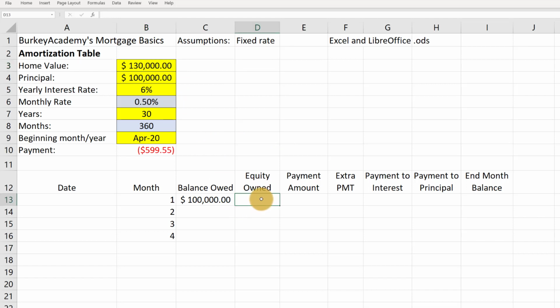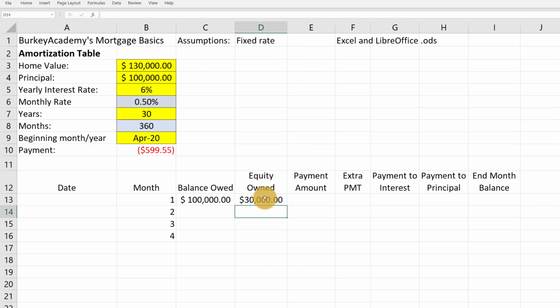So let me type equals the value of the house, $130,000, minus how much we owe, right? So how much it's worth minus how much we owe the bank. So B3 minus C13. And let's make that a little wider so we can see. So at the beginning here, we own $30,000 because that's how much we put down on the house.